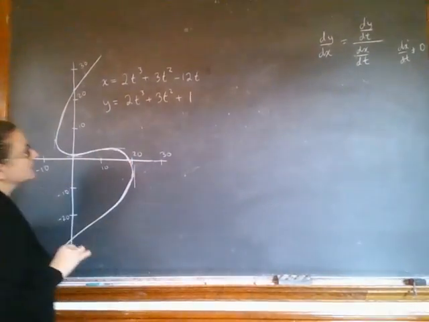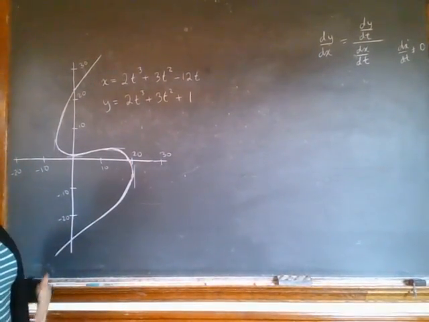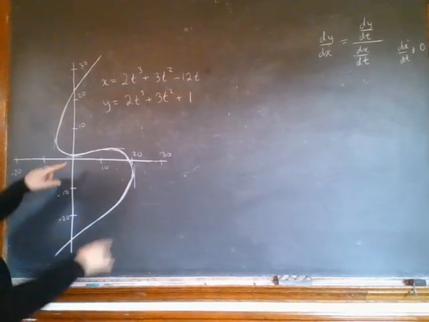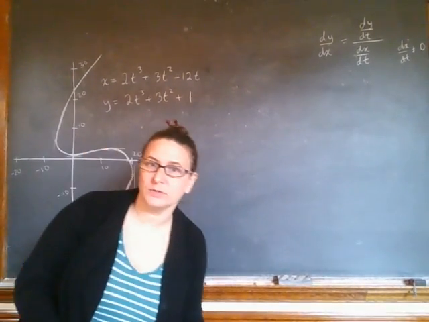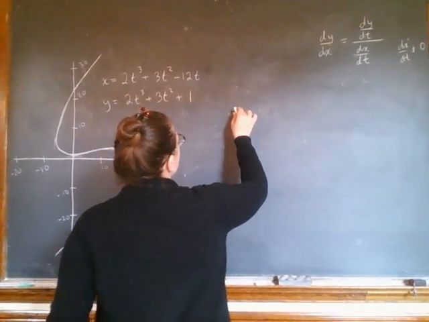Now if I want to take this curve and find all the horizontal tangents, that would be these two. Well, let's find out what dy/dx is and set it equal to 0. Right?